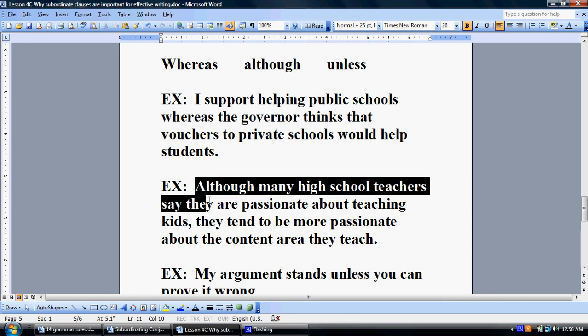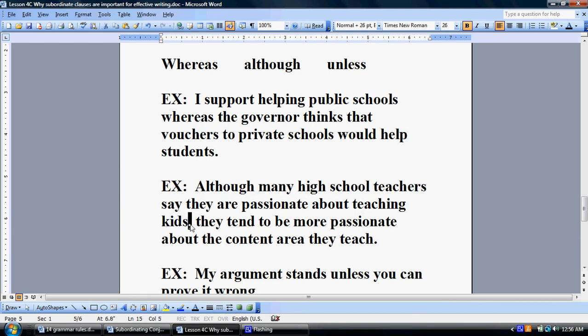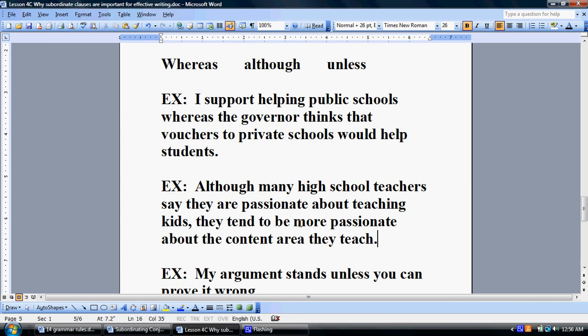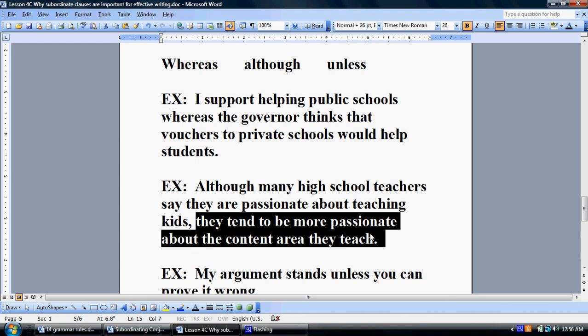Although many high school teachers say they are passionate about teaching kids, comma, they tend to be more passionate about the content area they teach. And that's actually based upon several studies of teachers and their perceptions. But notice, we started with the subordinate clause. Although many high school teachers say that they are passionate about teaching kids, pause, and then we have our independent clause.